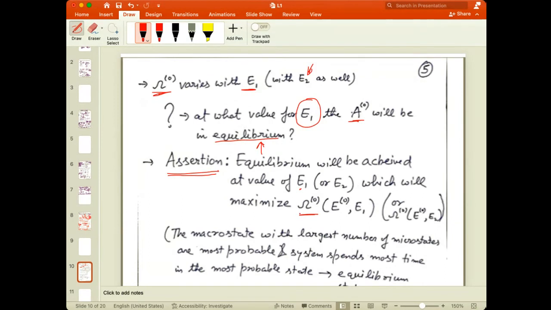So it's something like the system with the most microstates available is going to spend maximum time in that particular macrostate, right?